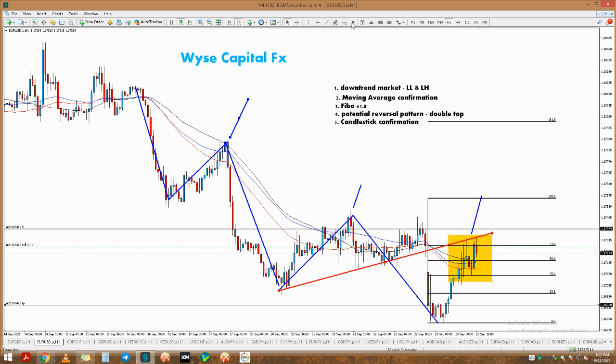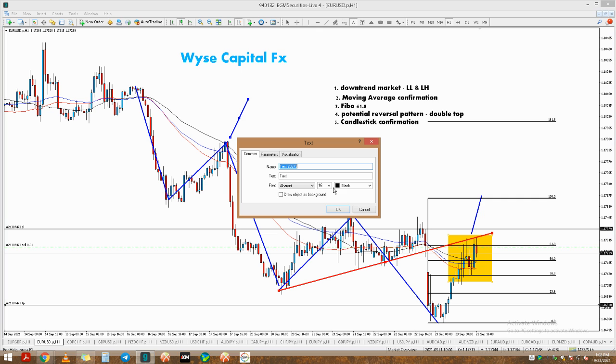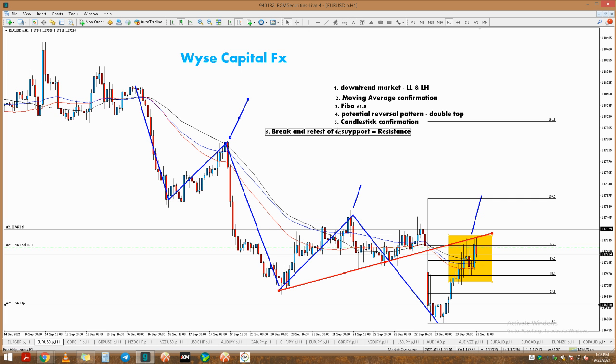So reason number 6 is we have a break and retest of a trend line. Actually, a break and retest of a support, that is the correct word, making it a potential resistance. So that is our 6th reason.